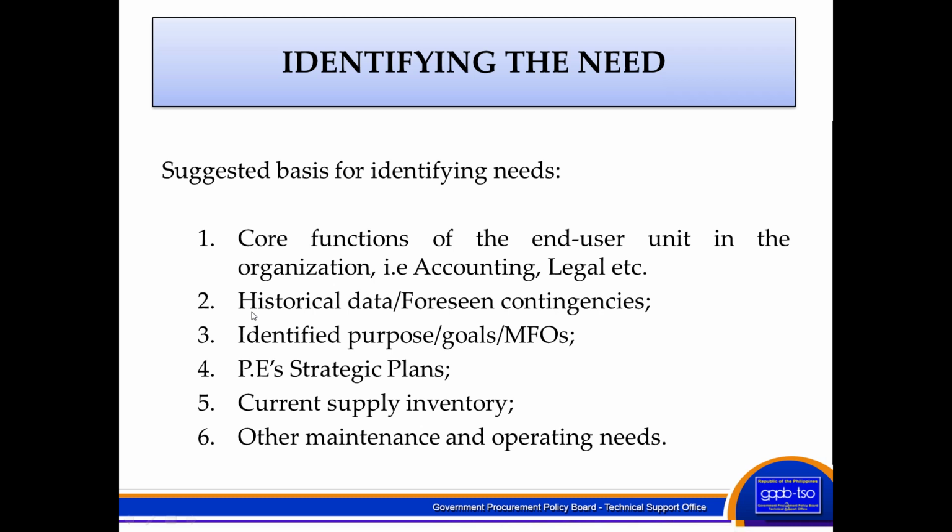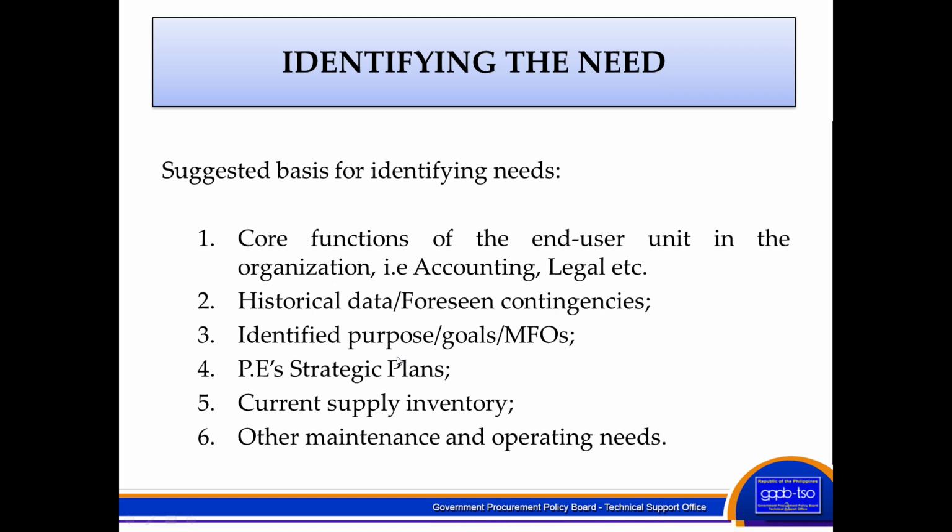And then number 4, the procuring entity's strategic plans. Strategic plans are the reflection of the desired status of a certain organization after 5 years, 10 years, or 20 years. Meaning, it is a long-term or a short-term or a medium-term plan.